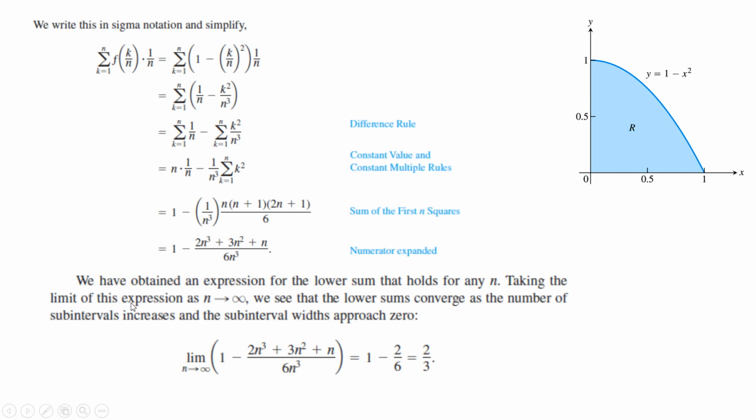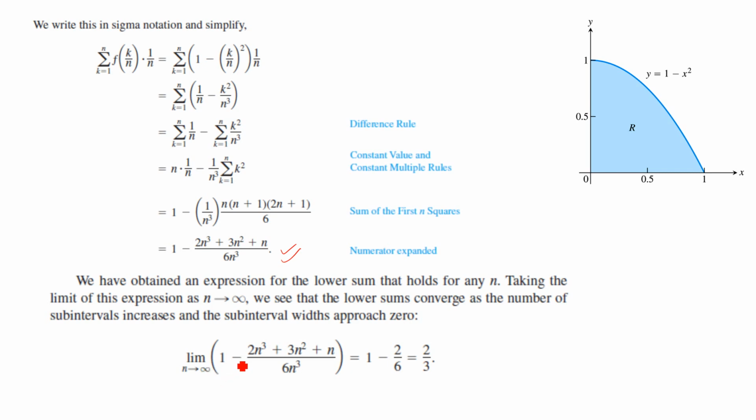Okay, taking the limit of this expression as n approaches infinity, we see that the lower sum converges as the number of subintervals increases and the subinterval width approaches 0. Okay, let's see how we can find this limit. So this limit as n approaches infinity, that is the number of rectangles approaches infinity, we have to find the value of this sum.